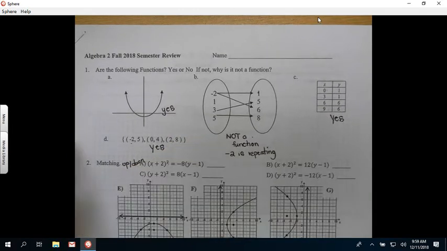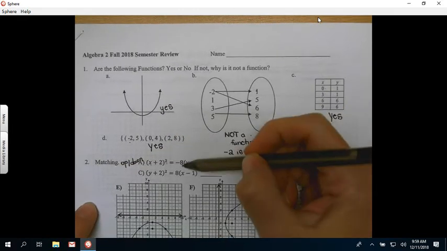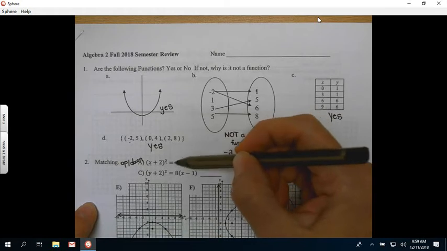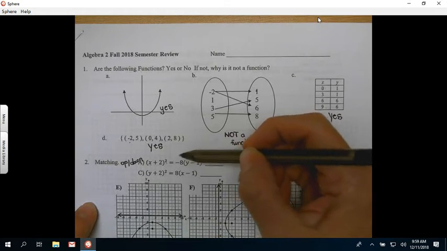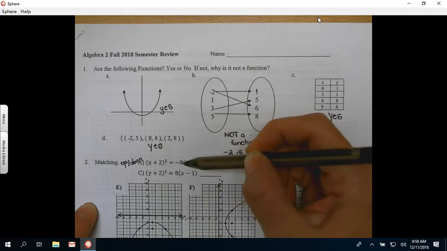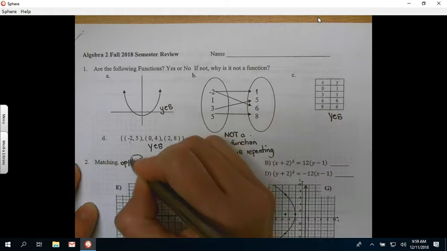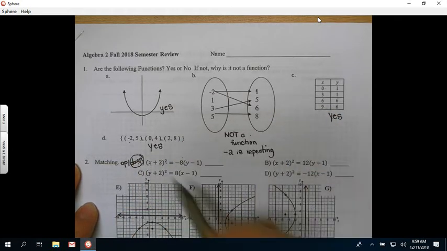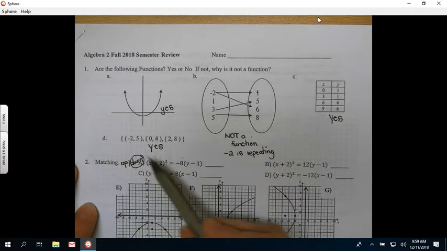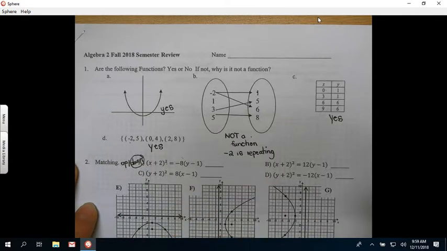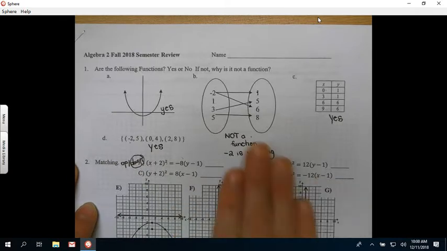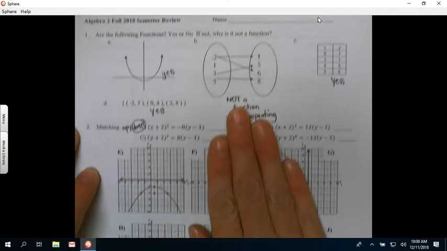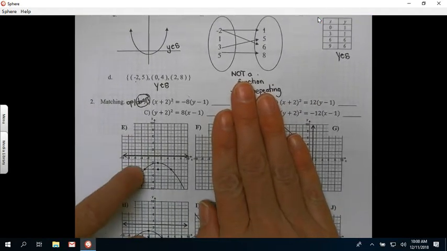To determine which one it is, I go over here to look at my coefficient, or my number that's in front of my parentheses. If it is negative, then I know it's opening down. If it is positive, it would be opening up. So right now, I know that this is opening down. I can get rid of all of these, which means I only have 2 to choose from.